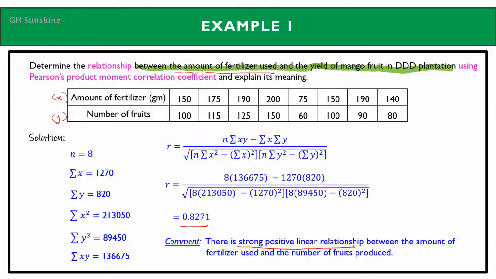So this is how to calculate the Pearson's product moment correlation coefficient value and also how to interpret the value obtained. Next, we proceed to coefficient of determination.